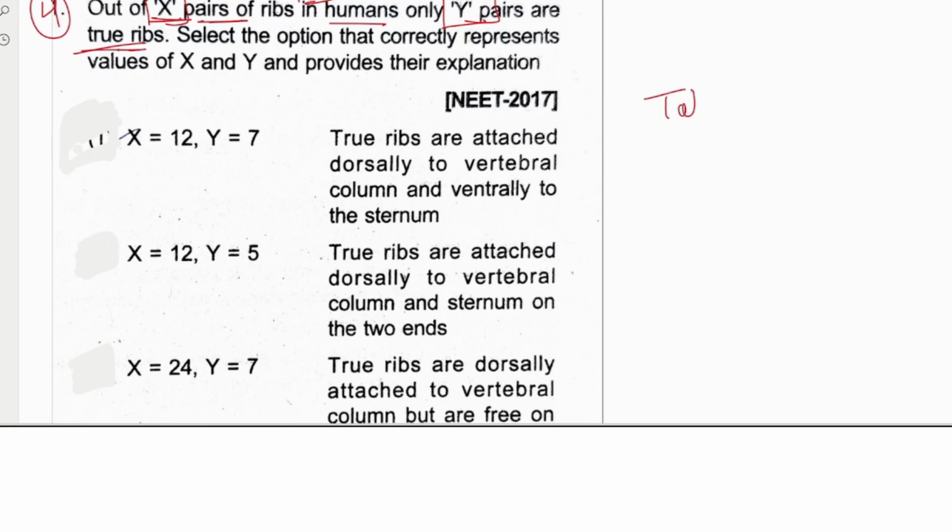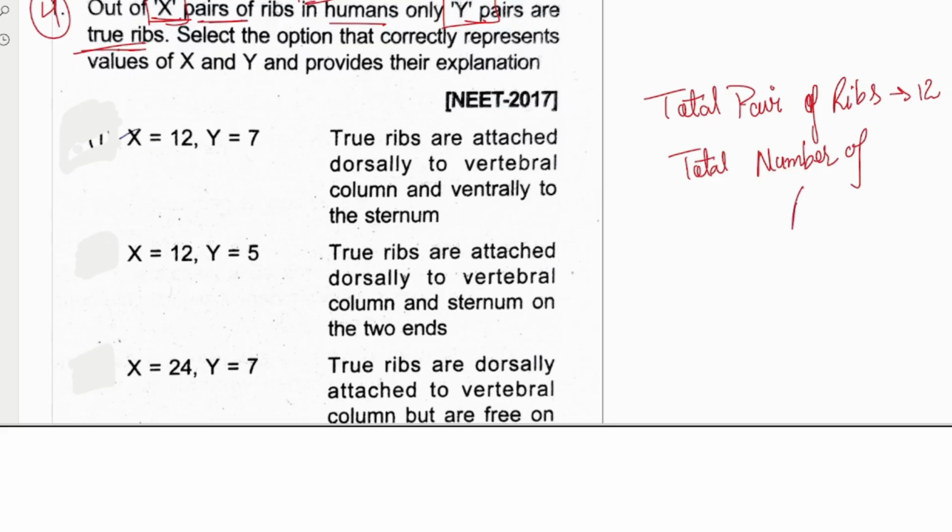So we can say here the total pairs of ribs, that we know is 12 pairs, and the total number of ribs, we can just make it double, that is 24.